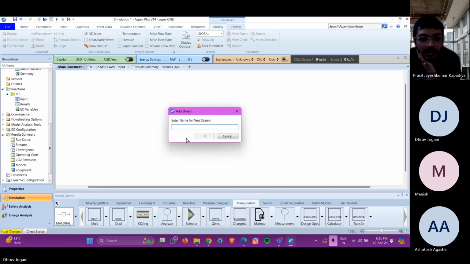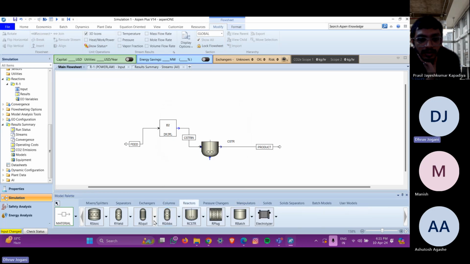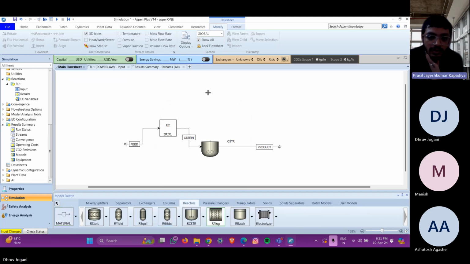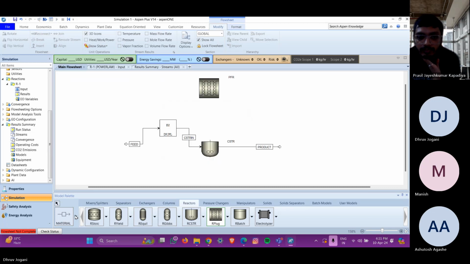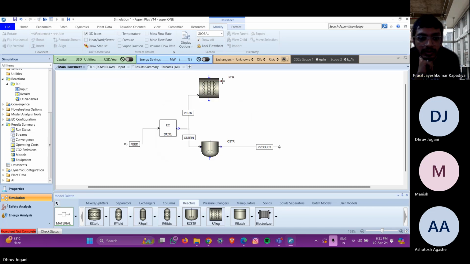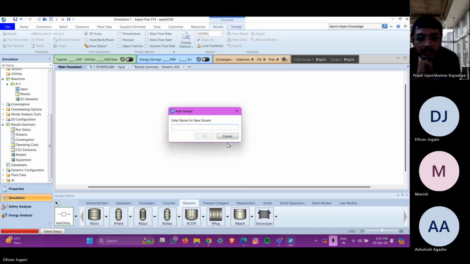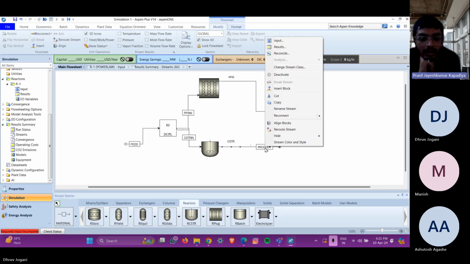Feed, just add feed, CSTR in. Okay. PFR, right, sir? Yeah, now add the PFR in. Okay, can you rename the product? Then we will add.